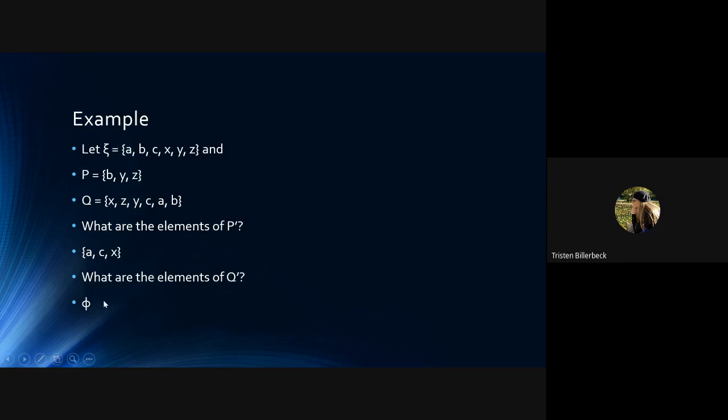So that's an empty set because Q is the same thing as the universal set. There aren't any elements that aren't in Q that are in the universal set. So the complement of Q has nothing, nada, it's empty. And that is the end of set notation.